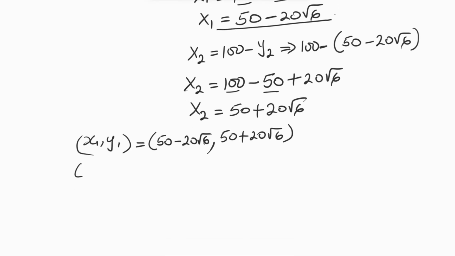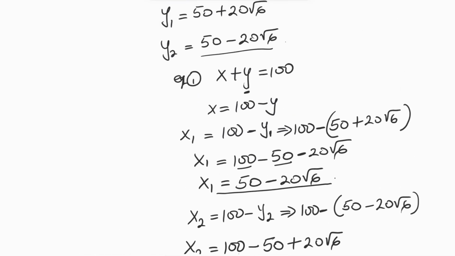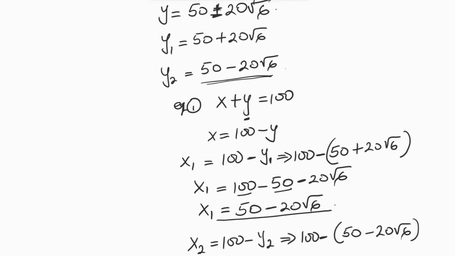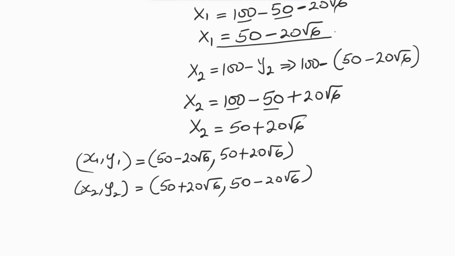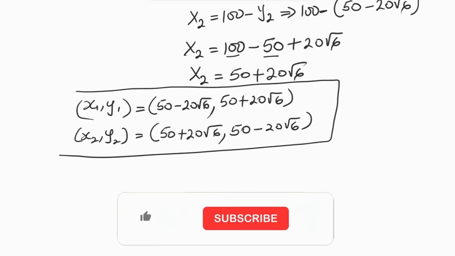And our x2 and y2 are what? Our x2 is 50 plus 20 root 6. And our y2 is the opposite, which is 50 minus 20 root 6. So these are the answers to our question.